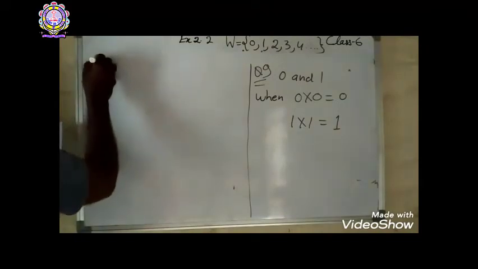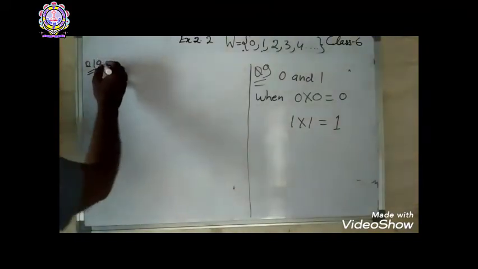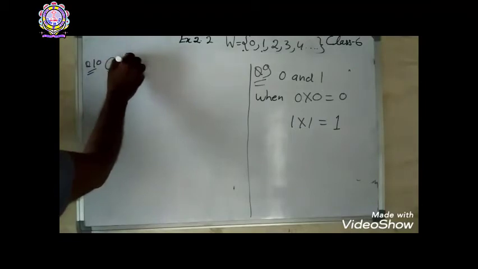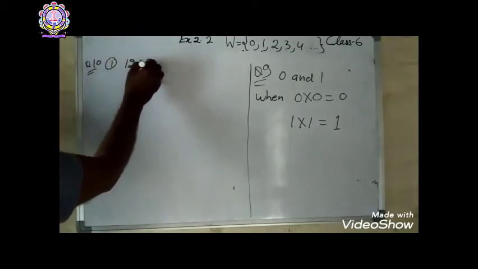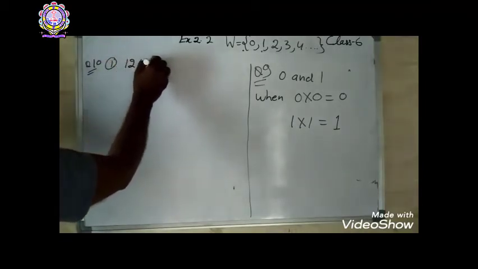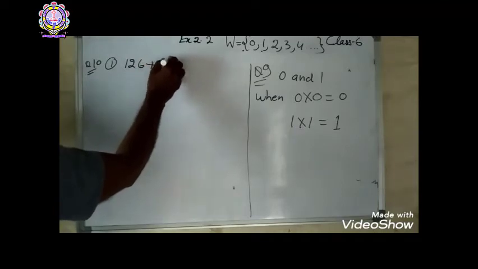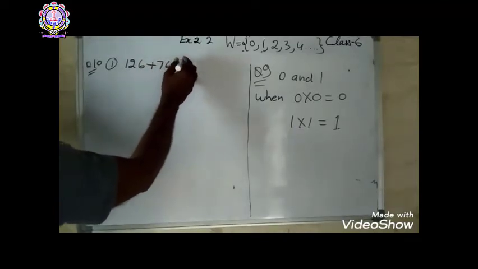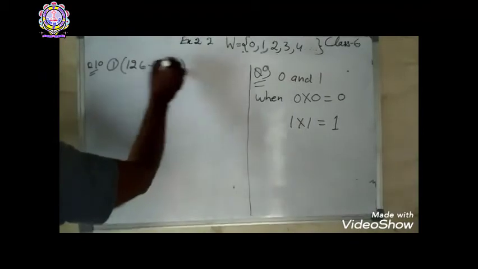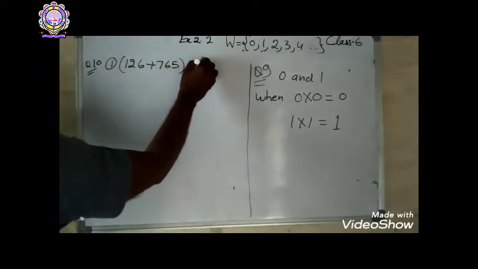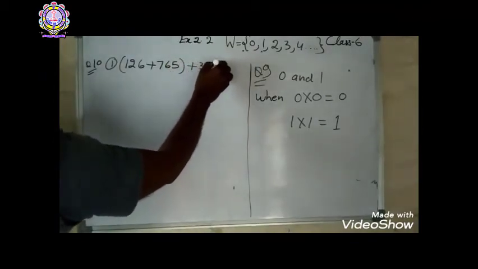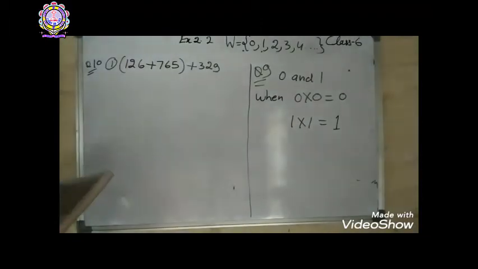First part: 126 plus 765, in brackets, plus 329.